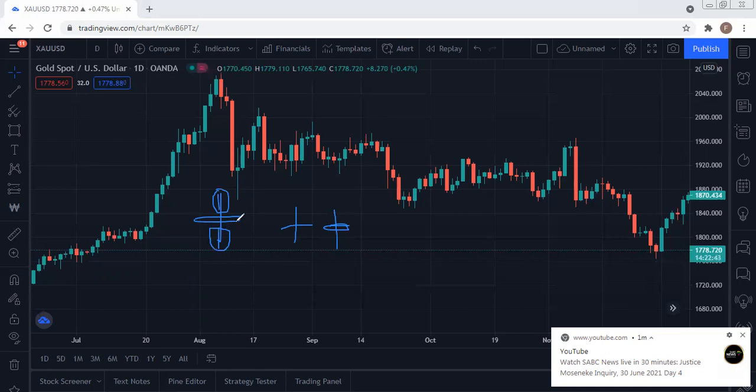Now, where you spot these dojis, this is what we call confusion dojis. So if we spot a doji, it indicates confusion in the market, and that confusion is actually equilibrium between the buyers and the sellers. Some buyers are actually taking profit. If it is a buy move, the buyers are getting profit. That is why you see a kind of move here.